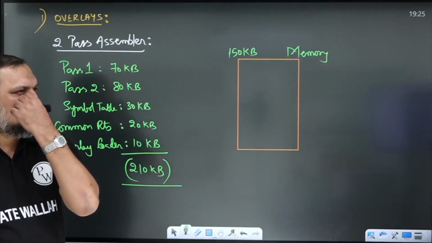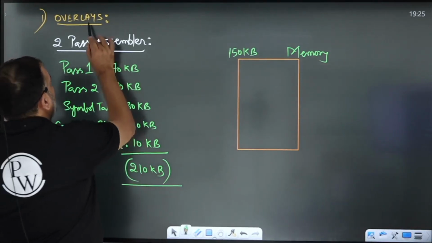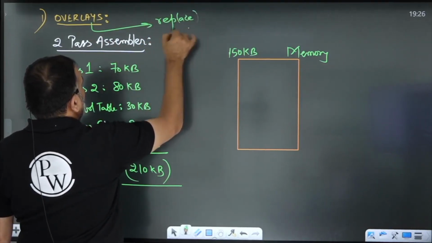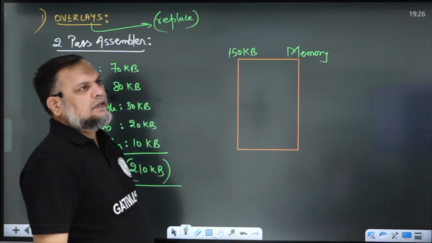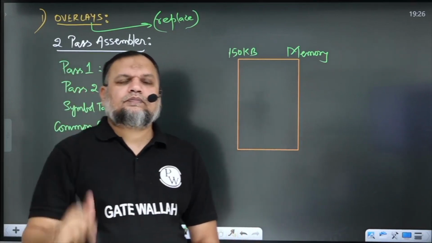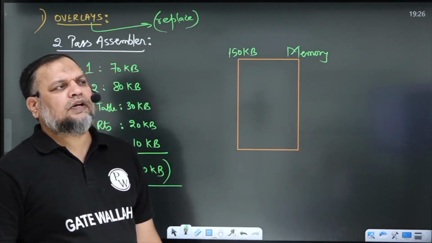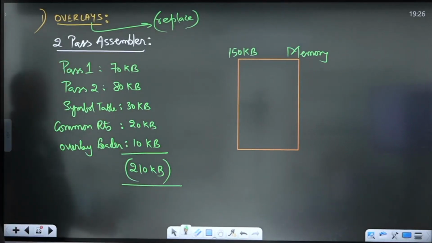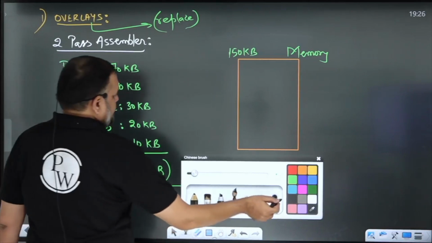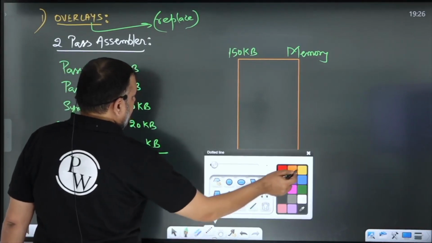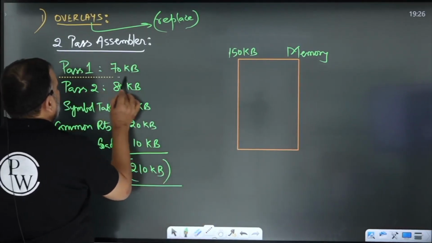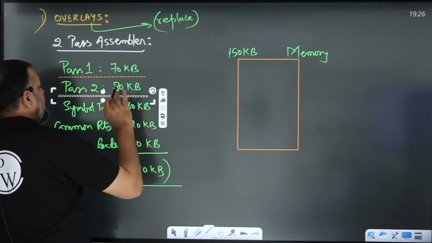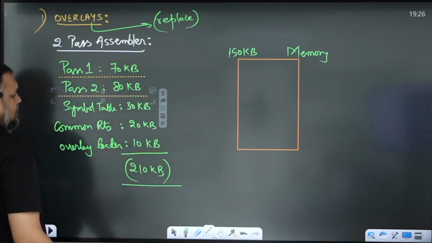Using overlay, the traditional meaning or the literal meaning of overlay is replace. If you look at the word overlay, it means replace. So we have basic understanding here. Look here, boys and girls, during pass 1, I don't require the code of pass 2, and during pass 2 I don't require the code of pass 1.